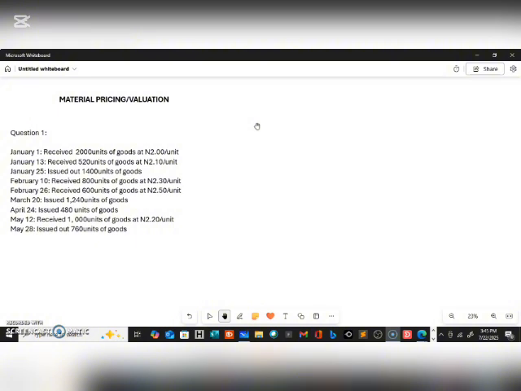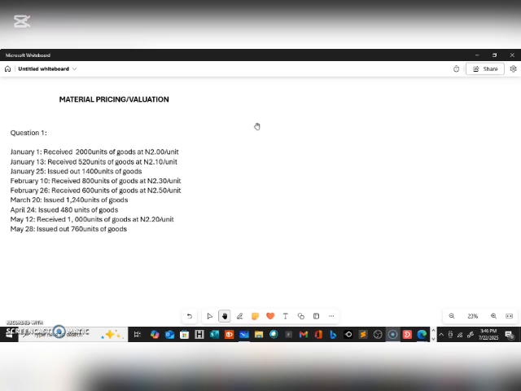It's a process that involves determining the price of materials at which an organization can issue out products, either using the last in first out method or the first in first out method, as well as the weighted average method. There are various methods that you can use in valuing or pricing material. At times, this can bring about price differentiation.